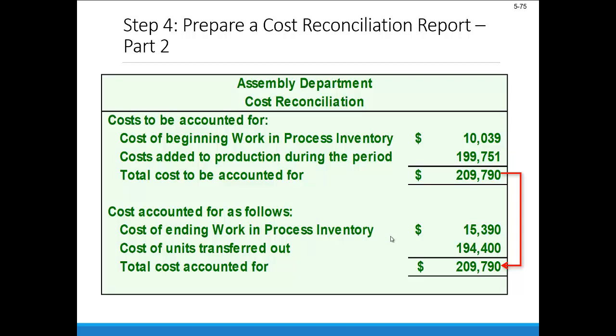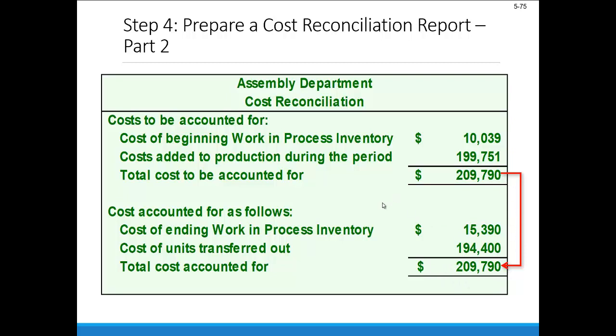I went ahead and pulled that forward from our cost assignment example a minute ago, $15,390. To that, we're going to add the cost of units transferred out. Right? So stuff that was moved out of this department, either to finished goods or to the next department, depending on where we are in the production process. When I sum those two, I get $209,790, and there's my reconciling point.